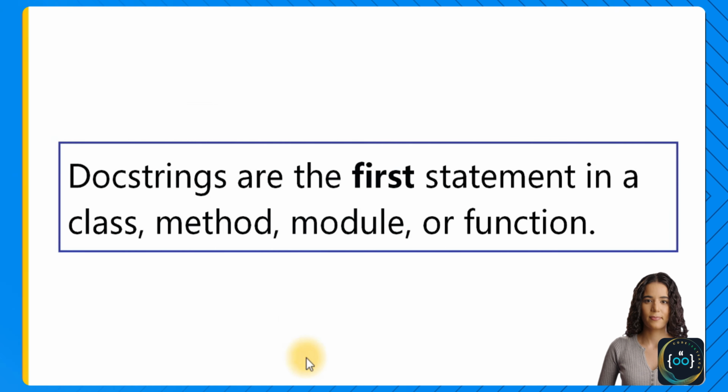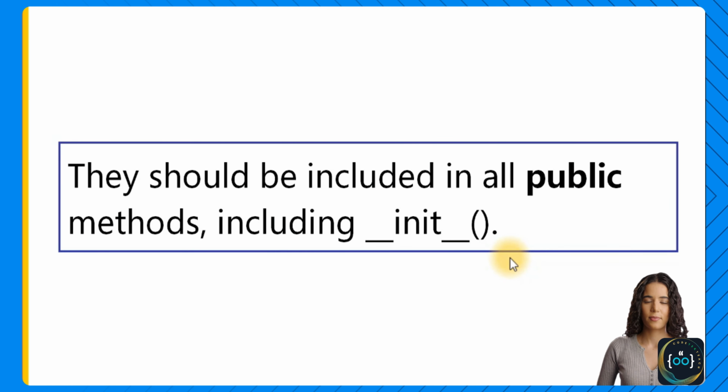These are some key takeaways from what we read. Docstrings are the first statement in a class, a method, a module, or a function, and they should be included in all public methods of a class, including __init__, where we initialize the instance attributes.